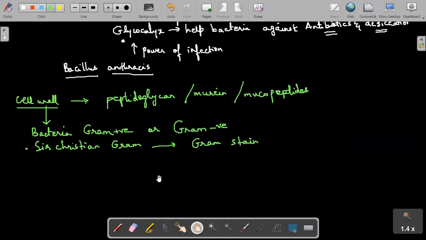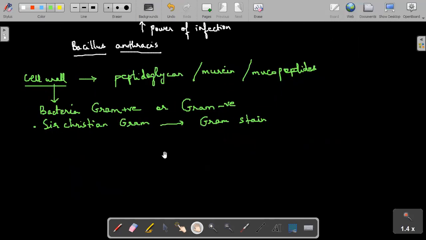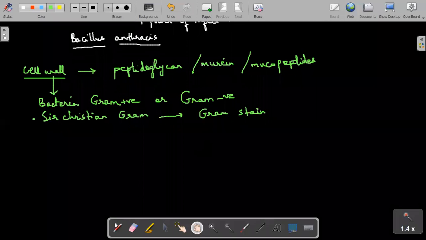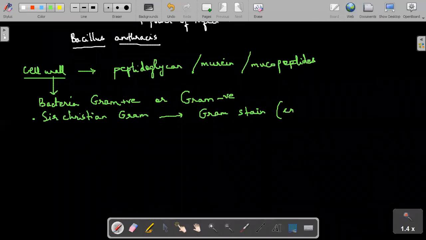Now let's come to this structure here, gram positive or gram negative. This gram stain is made up of crystal violet.